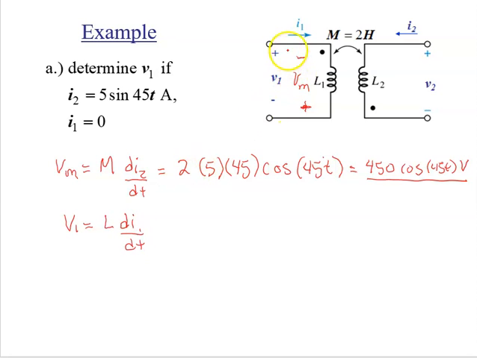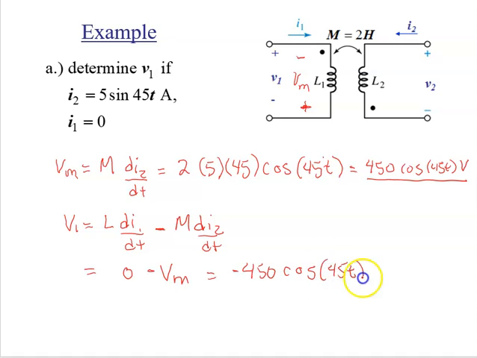According to passive sign convention, the positive self-induced voltage will be at the top, but it'll be minus M di2/dt. Since I1 is equal to 0, it's just going to be 0 minus our Vm, or negative 450 cosine of 45t, and again that's in volts.